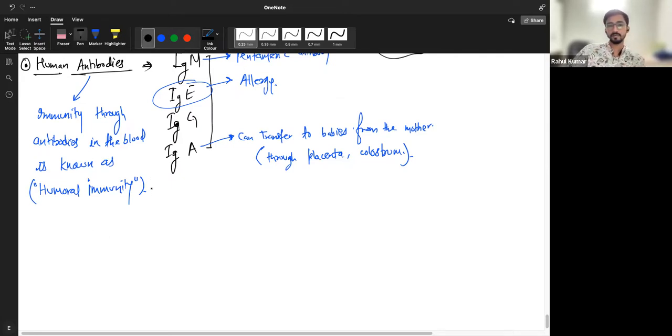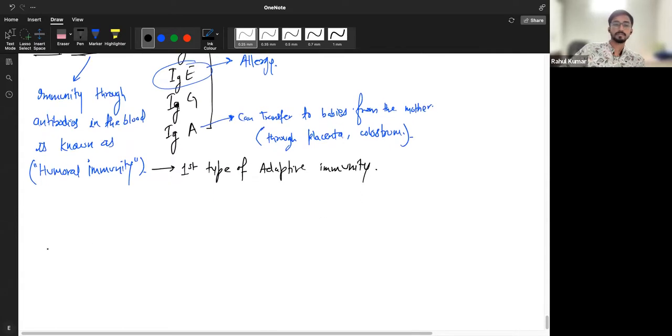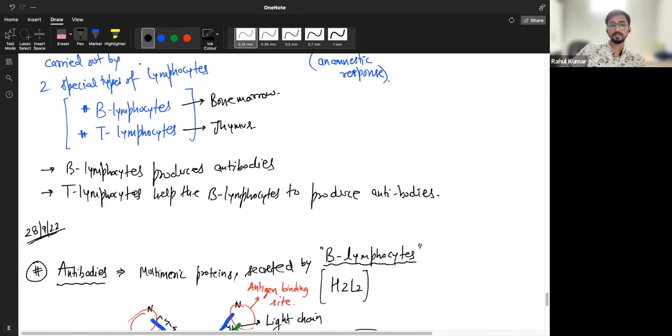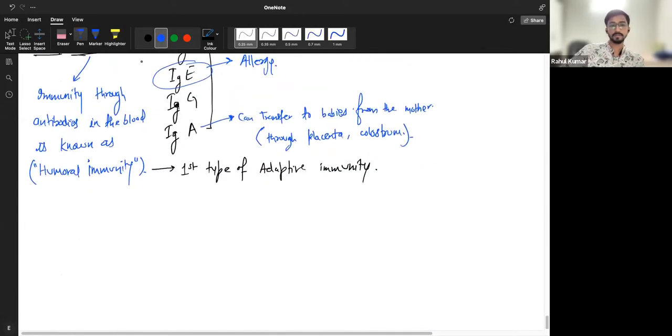This is the first type of adaptive immunity. Now let's go to the second type. For that, we have to go to T lymphocyte driven immunity.